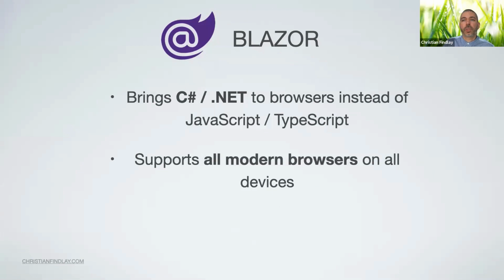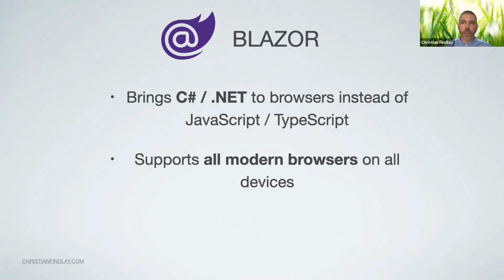So it supports all modern browsers. Anything that supports WebAssembly will support client-side rendering. So there's two rendering models, or should I say hosting models. There's client-side hosting and server-side hosting. For the client-side, the browsers need to be a bit more up-to-date.